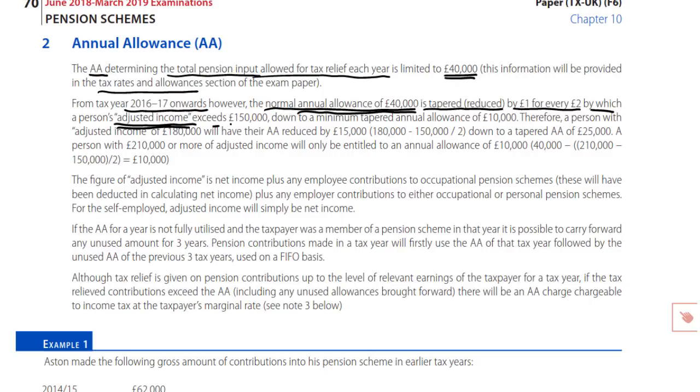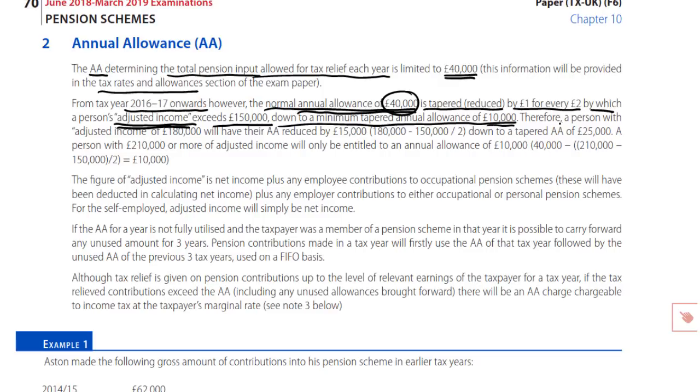But if it exceeds £150,000, then on a £1 for every £2 excess, we're going to reduce down the £40,000 annual allowance limit, but only down to a minimum tapered annual allowance of £10,000. It will never go below £10,000. Everybody is going to have at least £10,000, no matter how high their adjusted income.